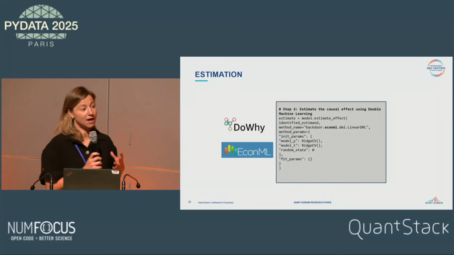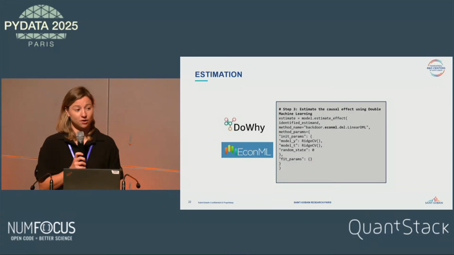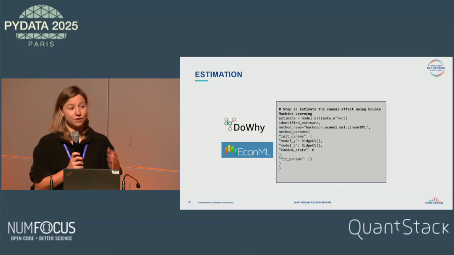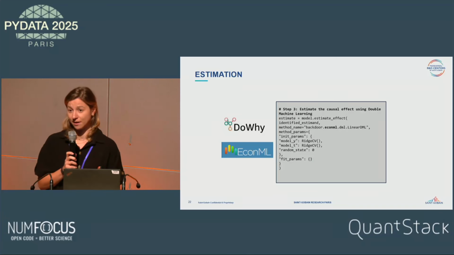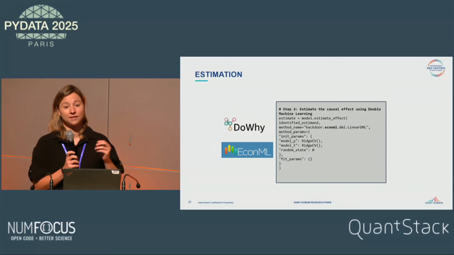DoWhy is very flexible because it integrates all the methods of EconML, which is another open source library in Python, which implements a lot of causal inference methods, because according to whether your variable is continuous or not, or the treatment is continuous or not, you can have different methods.